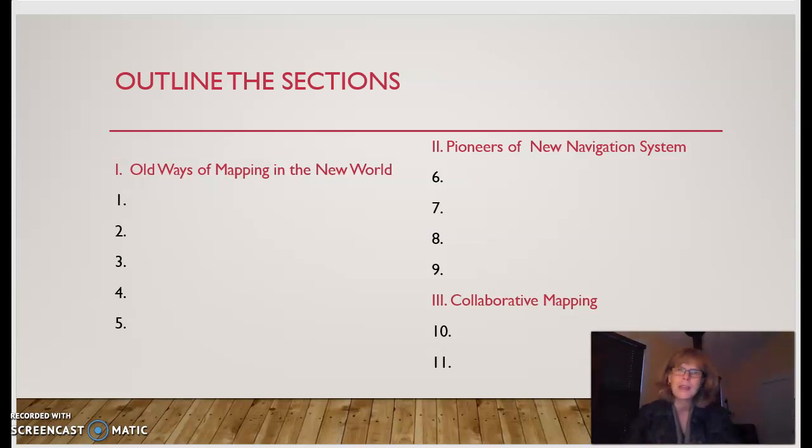And so I'm interested in knowing what is each section about, and I see these subtitles for each section, right? The old ways of map making is the first section. The pioneers of a new navigation system is the next section. And collaborative mapping is somehow the third section.